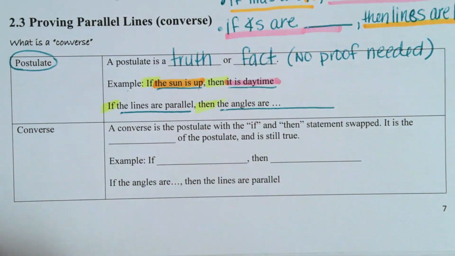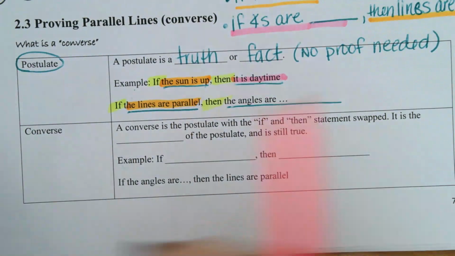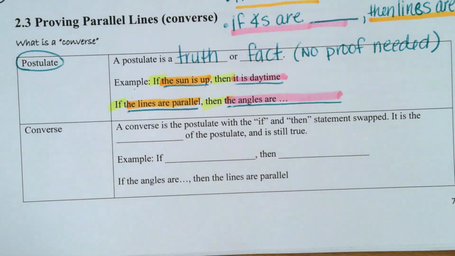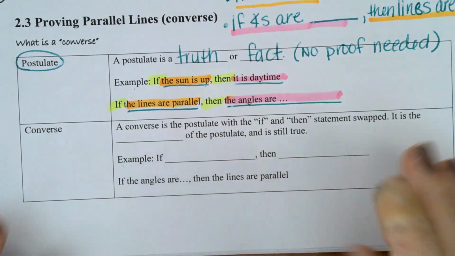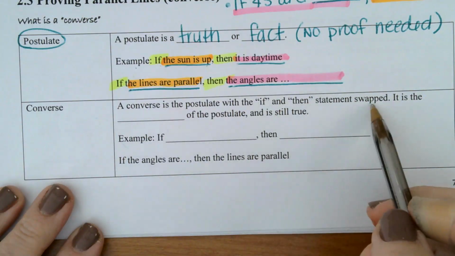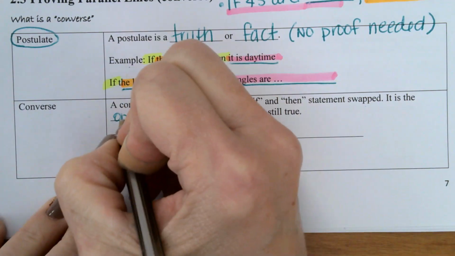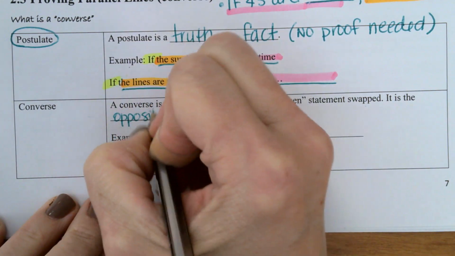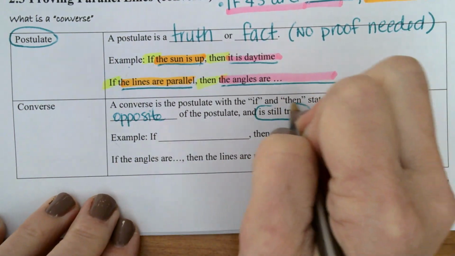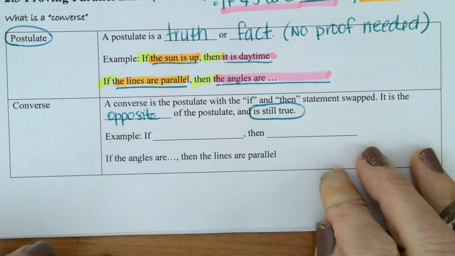If the lines are parallel, then the angles are whatever their relationship is. So the converse is the flip-flop of that. The if-then statements are swapped, and it is the opposite of the postulate, and it is still true.